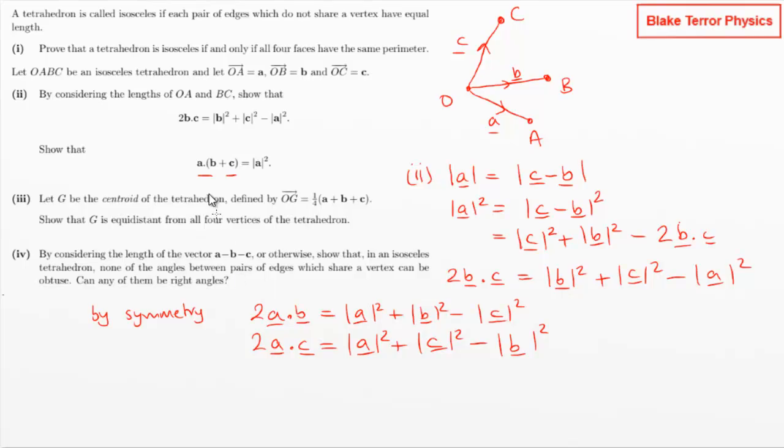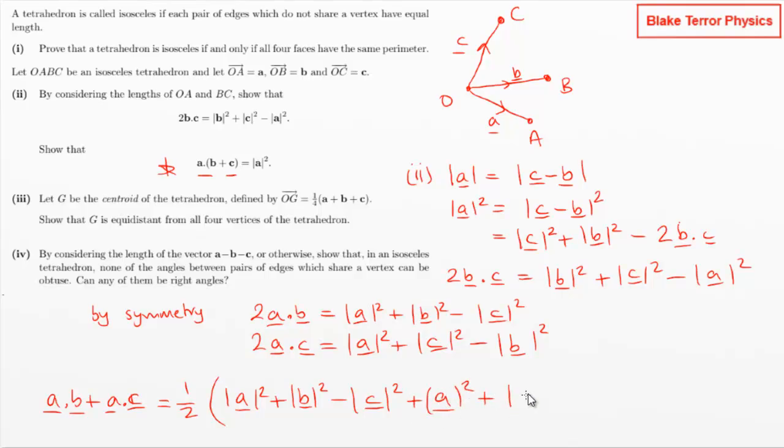So is that going to help then? Yes, because I want to do a dot b plus a dot c. That's what I'm after here, because that's what I've got on the left hand side. So that is going to be a half of mod a squared plus mod b squared minus mod c squared plus mod a squared plus mod c squared.